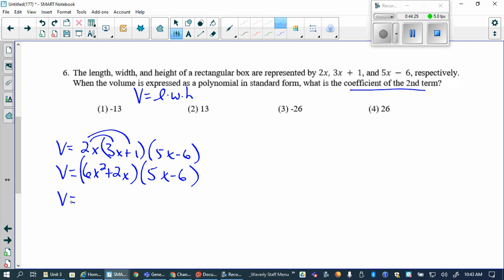Anybody have a final answer here? Not for the term, but what's the final product? Go ahead, we got 30x cubed, x squared times x to the first. Add the exponents. That's x to the third, right? Go ahead.